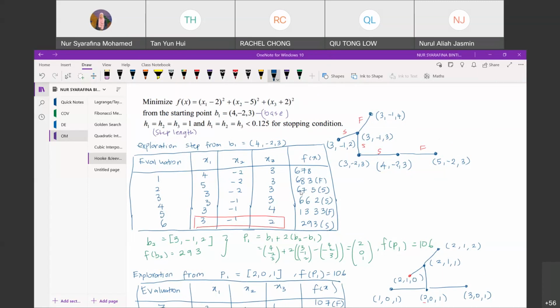Evaluation 1. Evaluation 1, 6, 7, 8, 78. Which one? Which example?